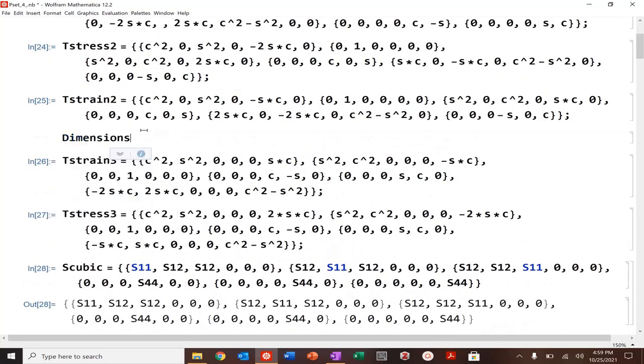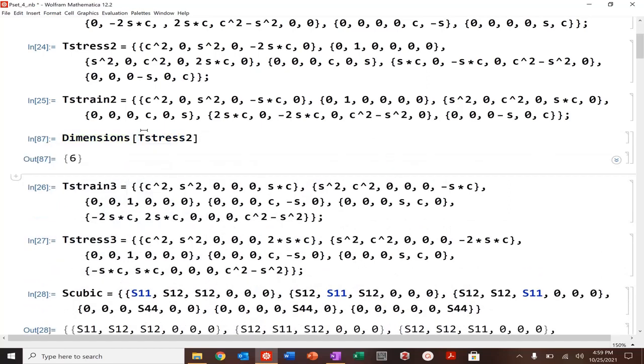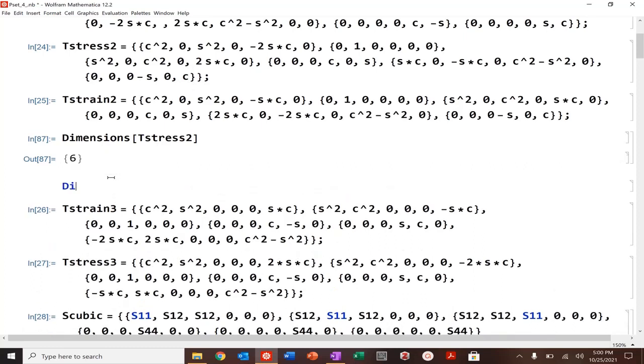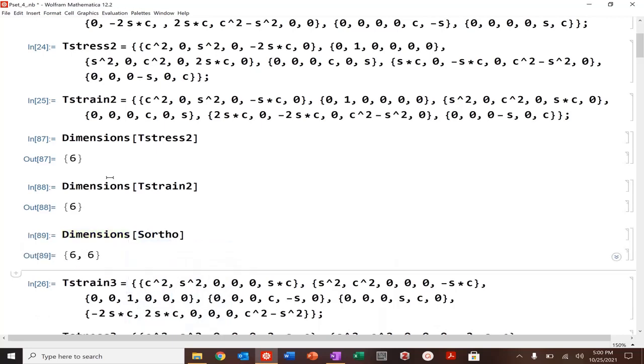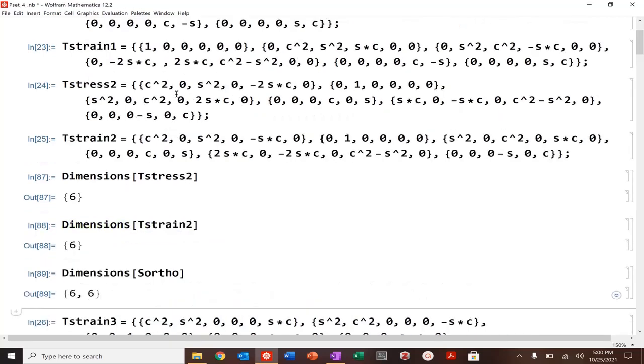Let's look at dimensions T stress 2. It should be a 6x6. So dimensions T strain 2. Let's look at the dimensions of S ortho. So see, there's something wrong in here.